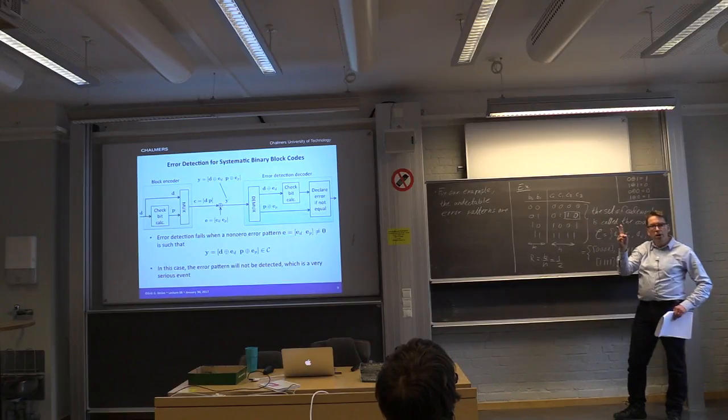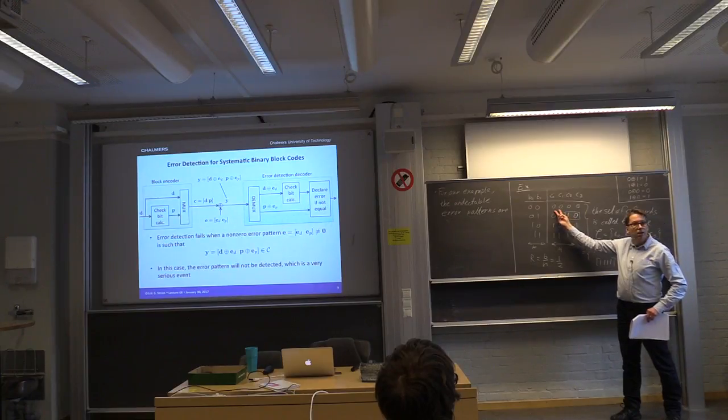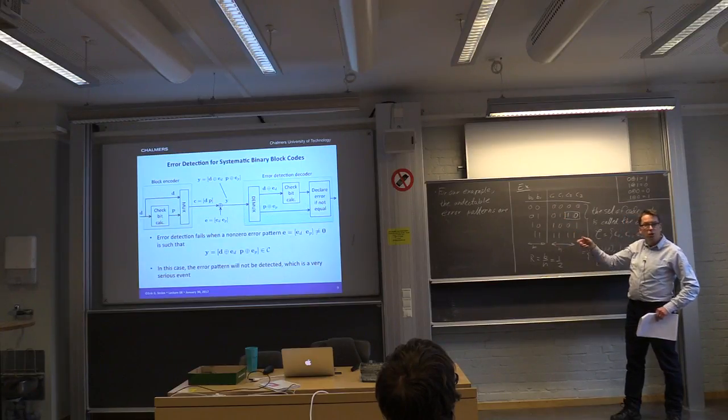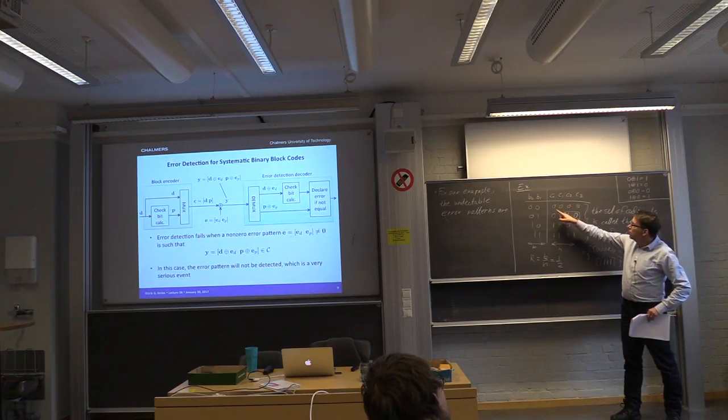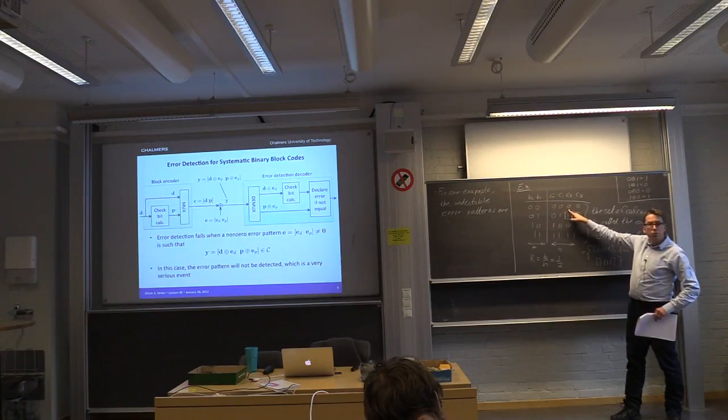Now, if two errors occur in the code word, if they happen to be in these two positions, then we will detect that error pattern because there is no code word which is 1100. If the two bit errors happen to be in the last two bits, the same thing, we'll be able to detect those. If it's in the first and the third position, we will be able to detect that.